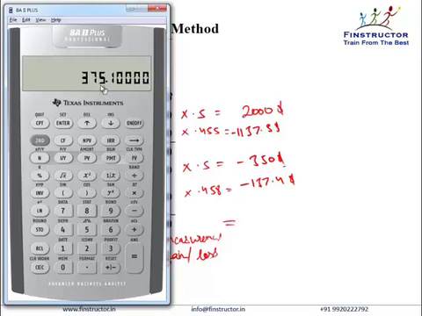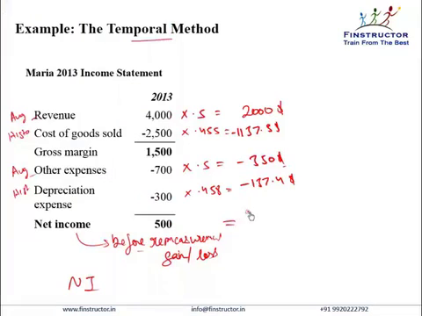That is $375.1. So we've partially translated the income statement. We still need the remeasurement entry. We'll get that as we translate the balance sheet.